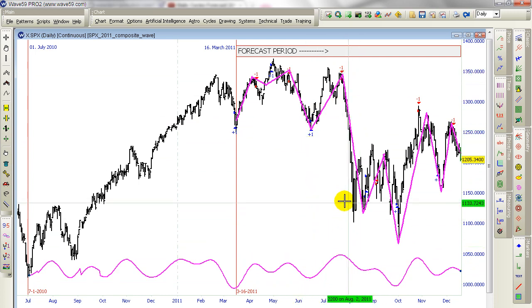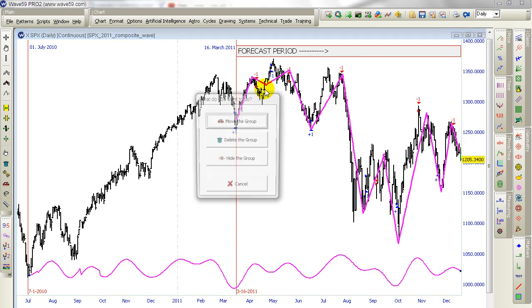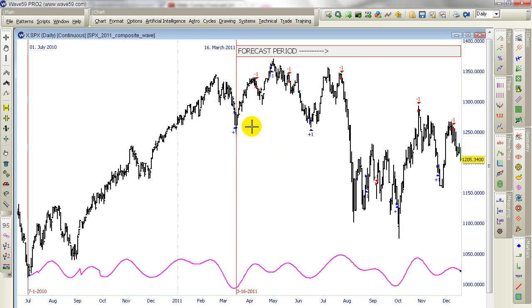I will just remove these other lines so you can see the trading signals more clearly. The blue ones are the buys, and the red ones are the sell signals. You can see nicely how this top and this low and this top have been spotted really fast.